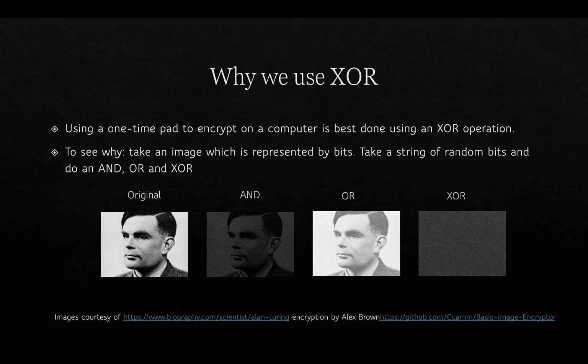It's basically retained some of the bits with the values that they had before. OR is even worse, and you get an even clearer image of the original image there. When you use an XOR, however, the image sort of disappears, and we've had a much more effective encryption than with the case of AND or OR. Now, there's a reason for this.